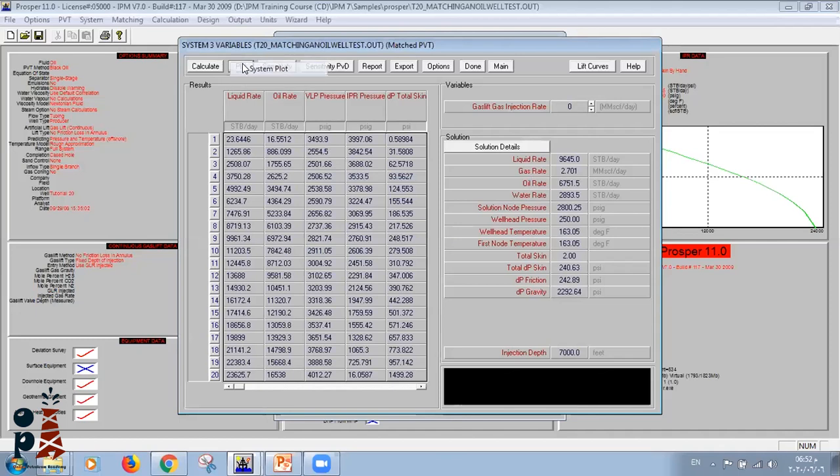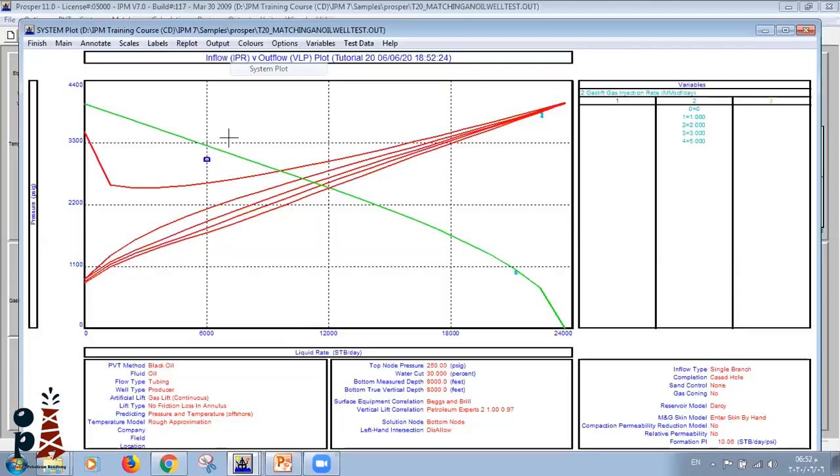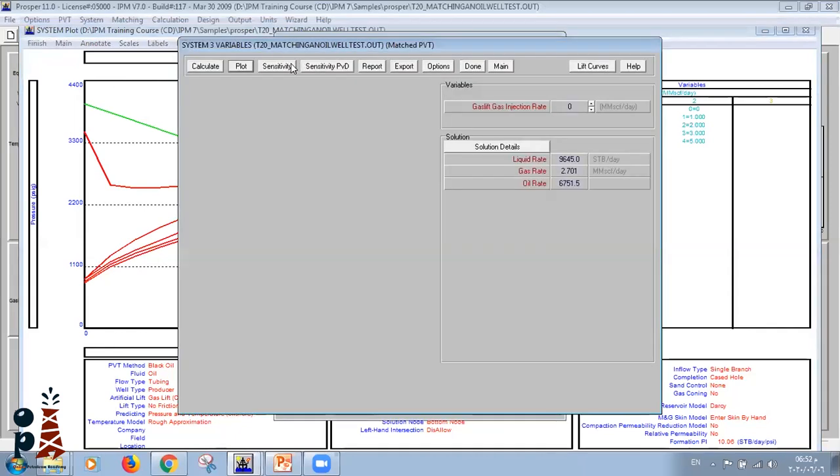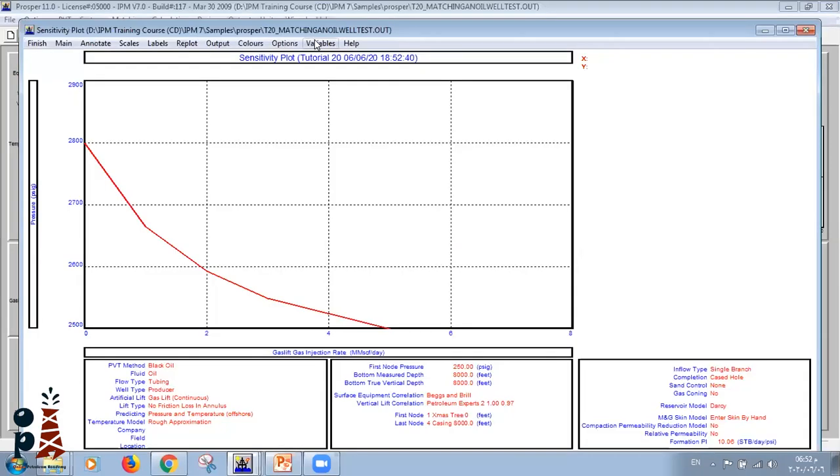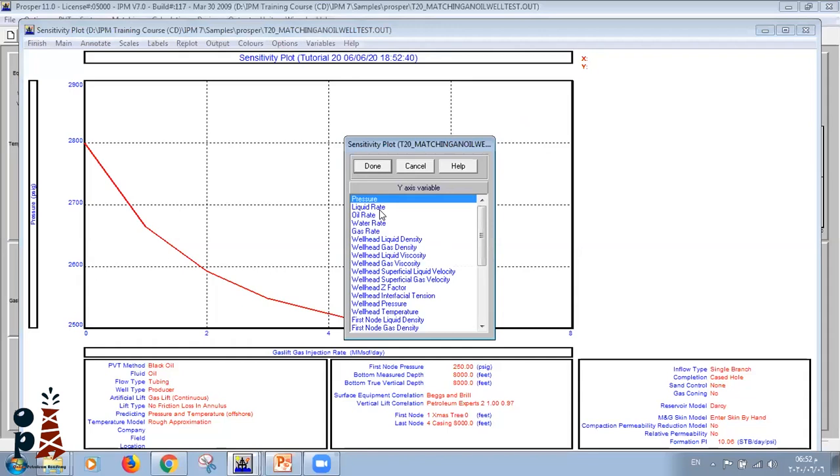And I plot, and I can see here the change, the increase in the rate as I increase the injection of the gas. I will illustrate it in a better way. I will use the sensitivity here, and I can change the variables.